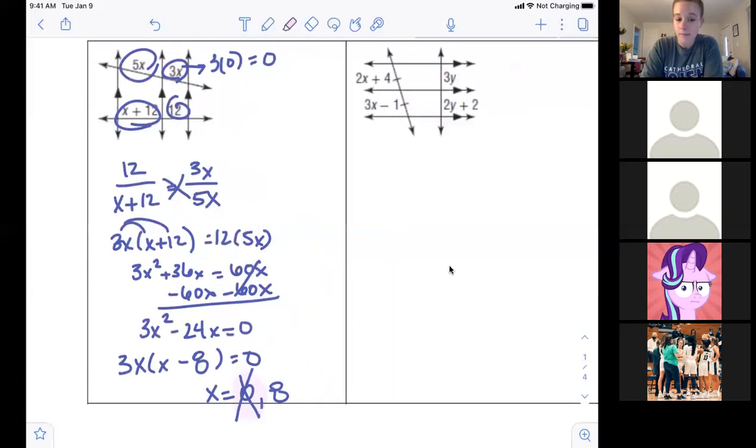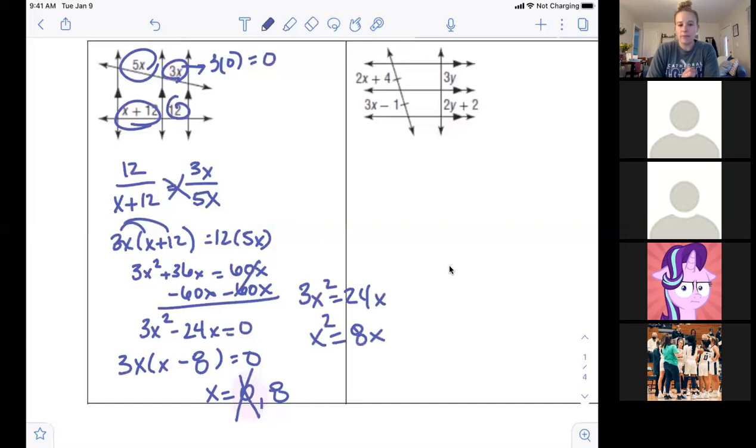For that one, I got 2 square root of 2. Because instead of setting it equal to 0, I did minus 36x from the 60x. You still should have gotten 3x squared equals something. I got square root of 8.